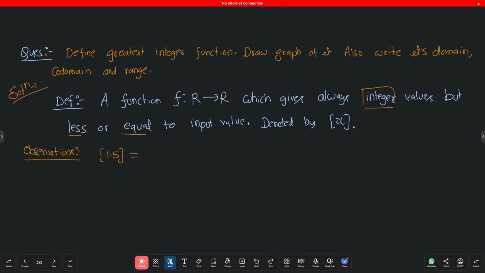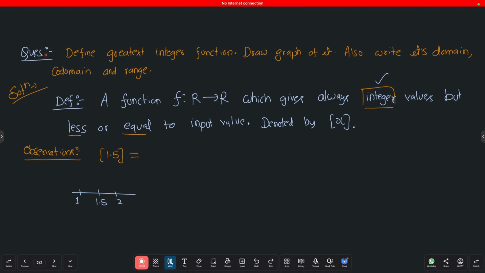It means answer always integer first of all, and secondly either less or equal to input. What is input here? 1.5. After that the integer is 2, and before it the integer is 1.